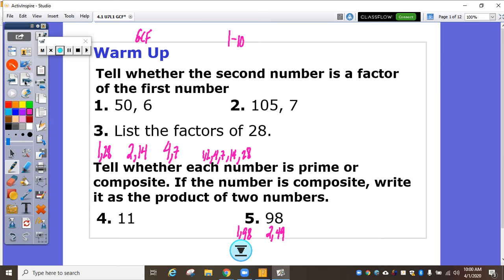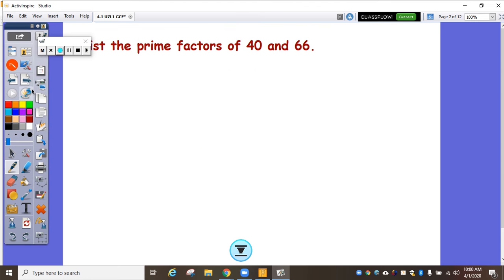Alright, so let's look at what we're going to be working on today in our assignment. So, the factors. Basically it's the factors that we're looking for. If I'm looking at the factors of 40, we're doing the same thing that we did before. We're going through 1 through 10. So does 1 go into 40? Yes, 1 and 40. Does 2 go into 40? Yes, 2 and 20. Does 3 go into 40? No. Does 4 go into 40? Yes, 4 and 10.